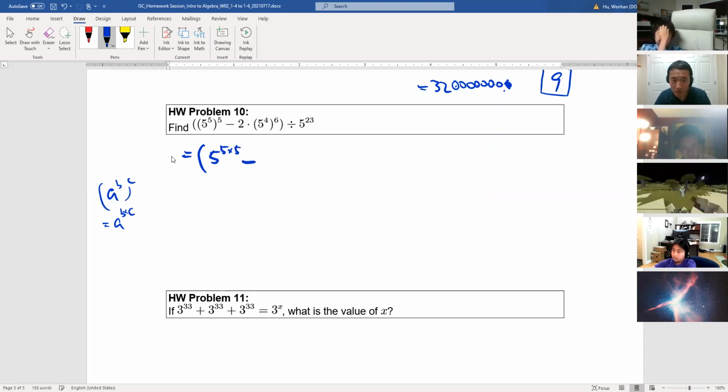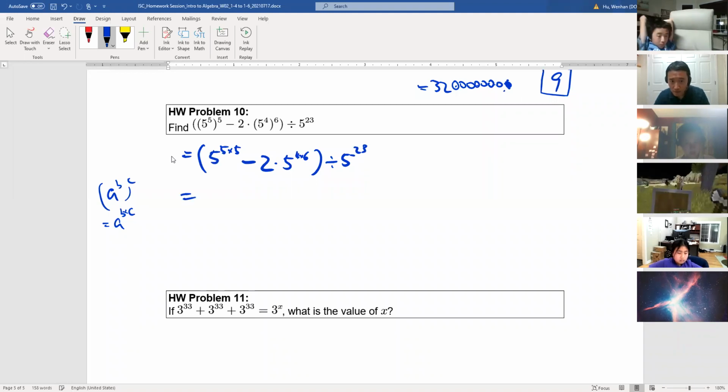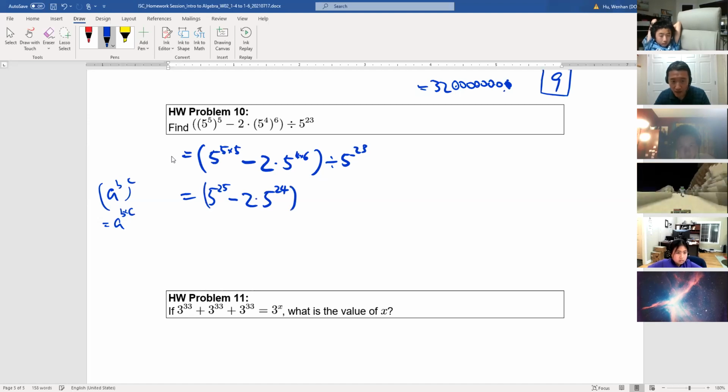Minus 2, same deal: 5 to the 4 times 6 power. Whatever we have outside, we can just leave it for now. Then we have 5 to the 25th minus 2 times 5 to the 24th. And then everything else, I just put it down here.